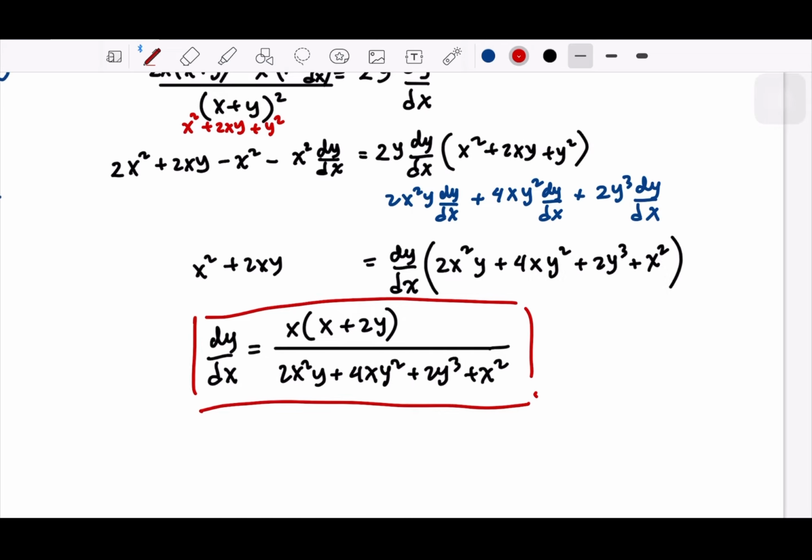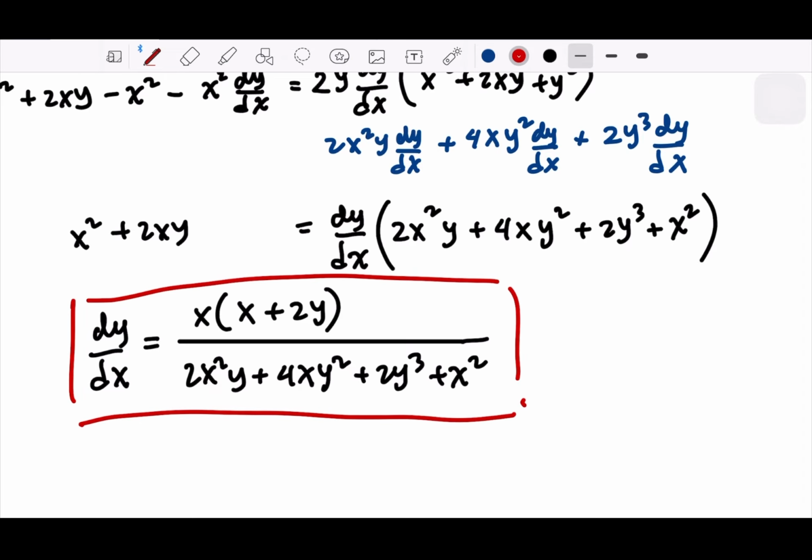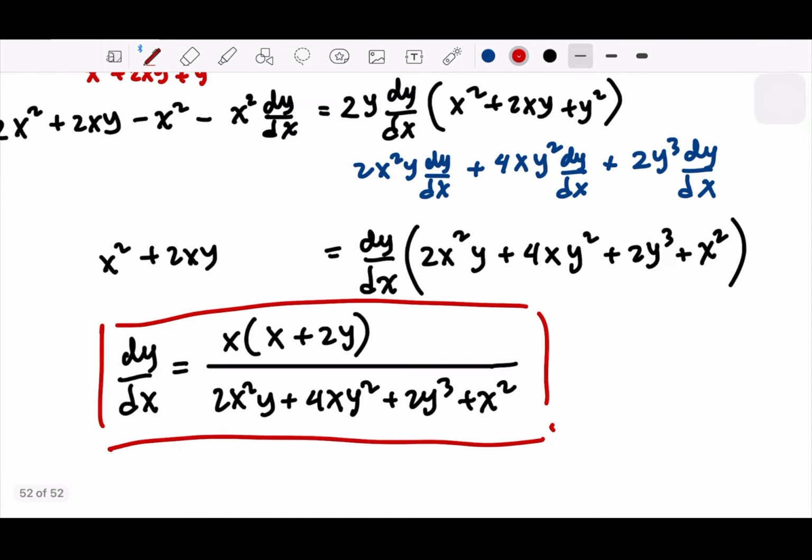Not really looking like a simple answer, but yeah, I think that will be the answer. Okay, I hope you get the idea how to derive. Okay, any questions from this one? Any questions?